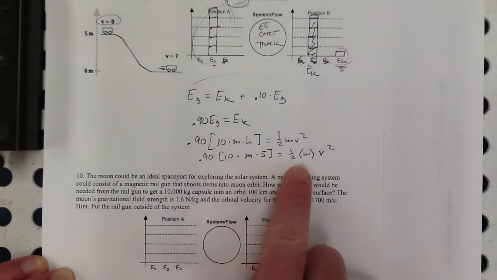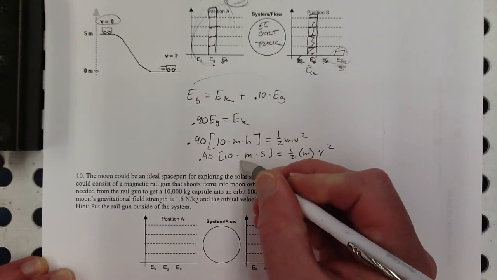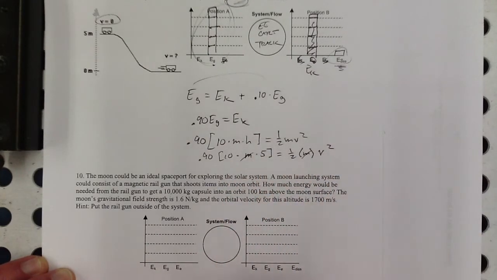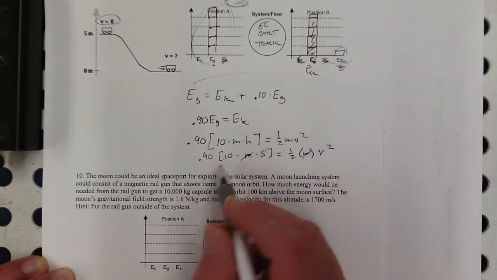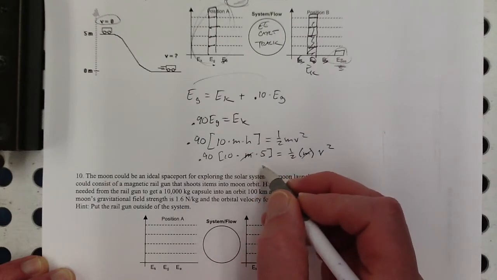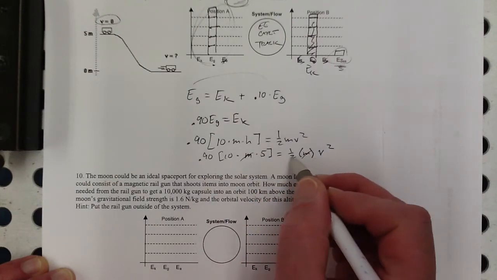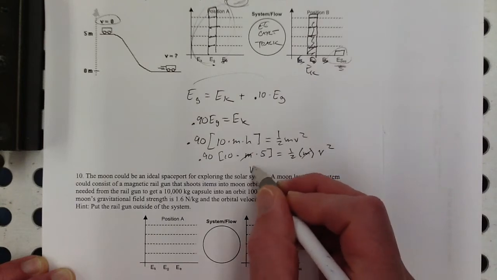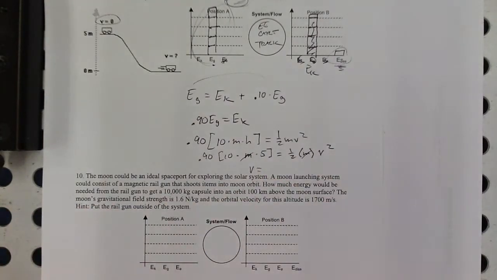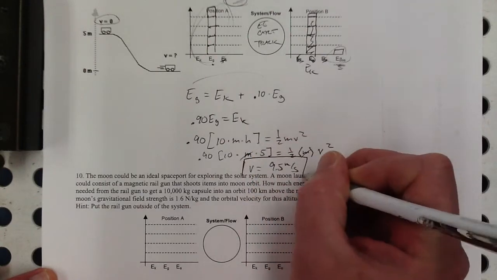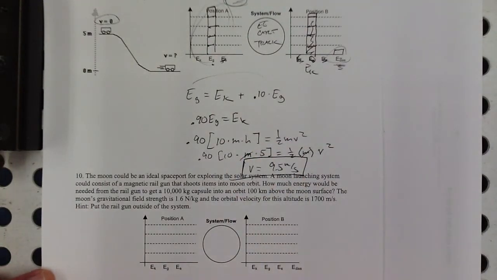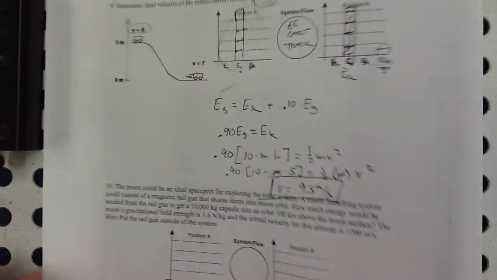But look, it shows up on both sides, so it doesn't matter what the mass of the cart is. It cancels out. And then if I multiply both sides by 2, 10 times 0.9 is 9, so v squared is 90. So we got the square root of 90 here, so about 9.5 meters per second. There you go. And the last one.